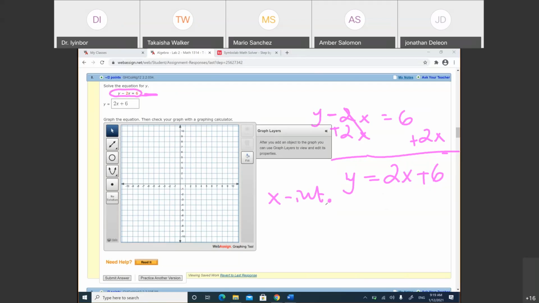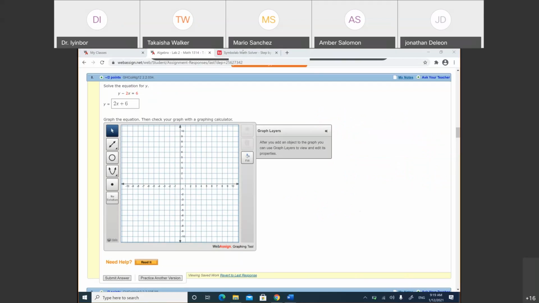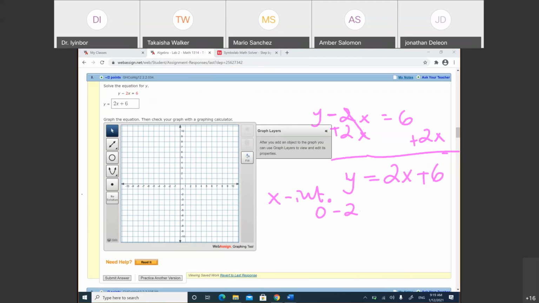So when y is 0, I'm gonna have 0 minus 2x equals 6. And then you're gonna divide by -2.